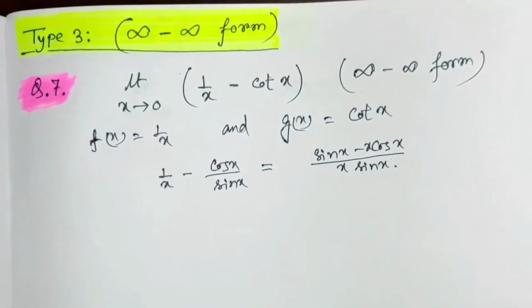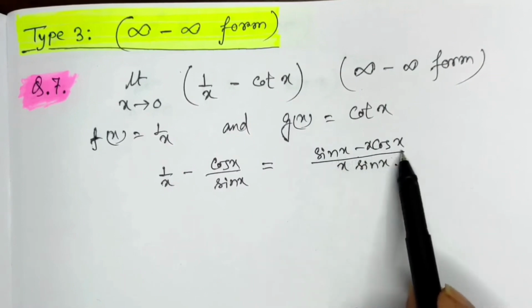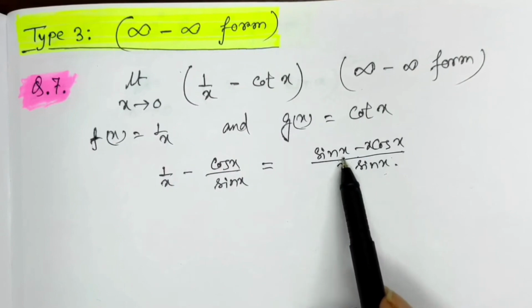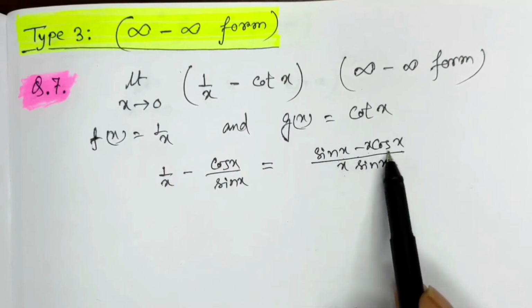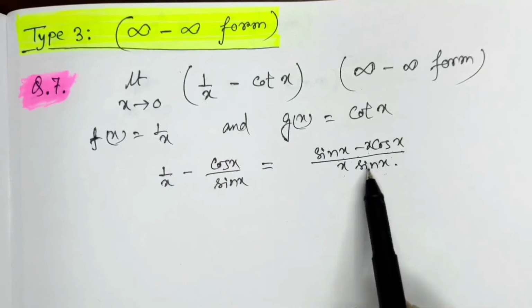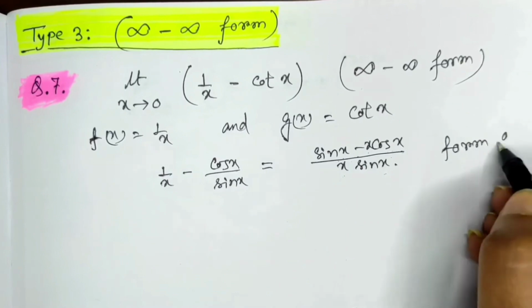So now if the new f(x) is sin x minus x cos x and g(x) is x sin x, then when x tends to 0, sin 0 is 0, and x cos x is 0 into something, meaning 0. And x sin x is definitely also 0. So this one is in the form of 0 by 0.